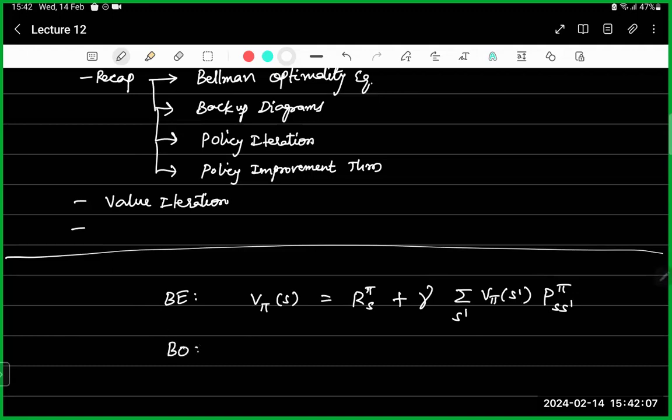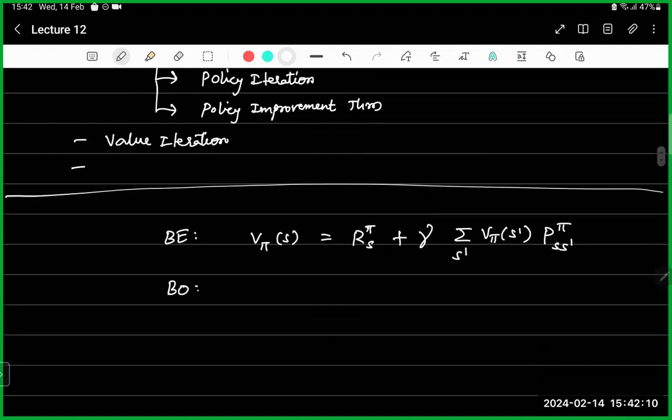And the Bellman optimality equation, how did we get it? We got it from this understanding. Let's say someone gives you Q star of S comma A for all actions and states. If we are asked to find V star of S, how can we find it in terms of Q star of S comma A?